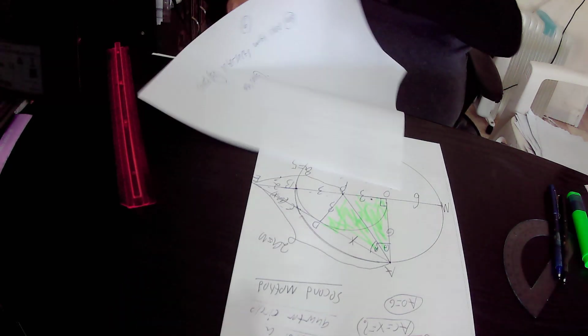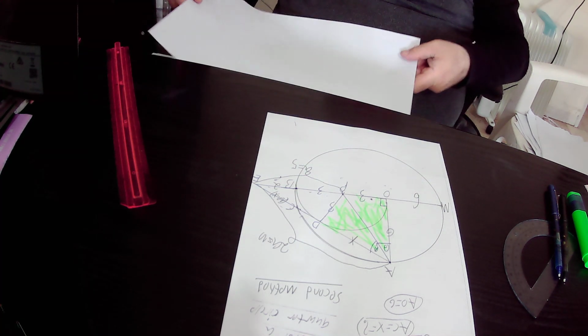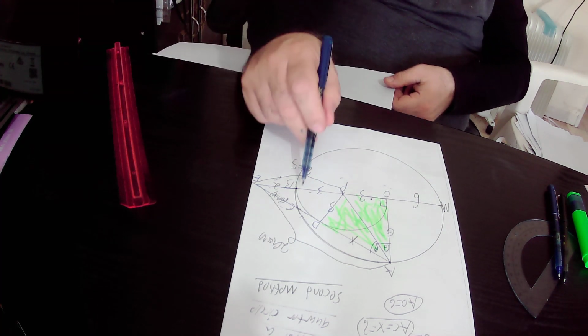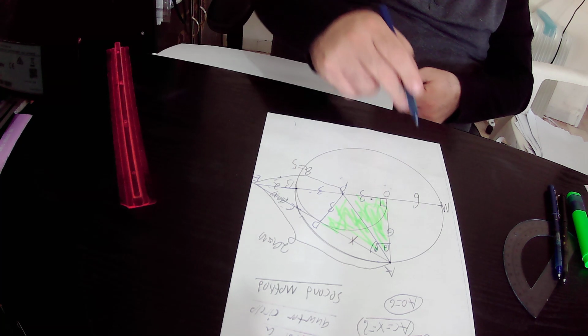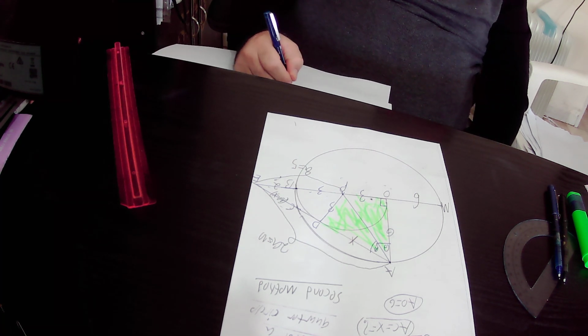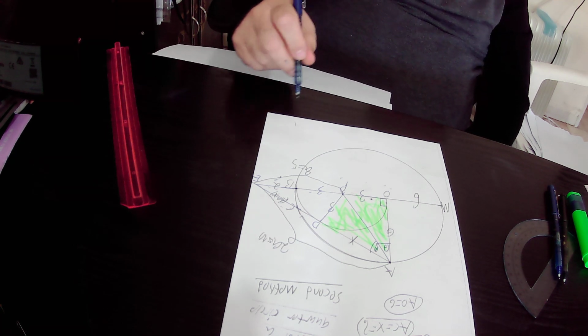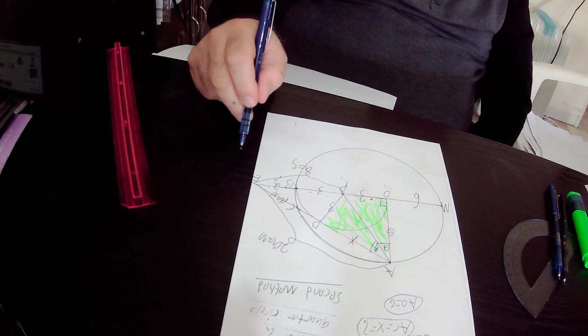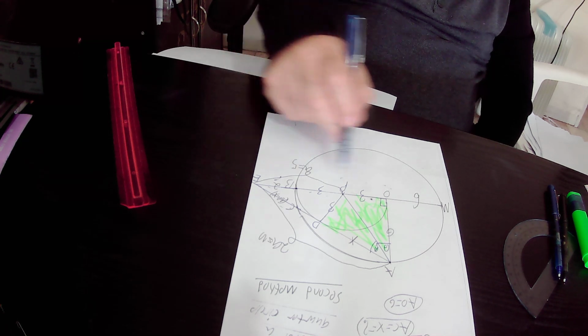Therefore, according to rule number 3, we will get that EC times EA equals EB times EM.